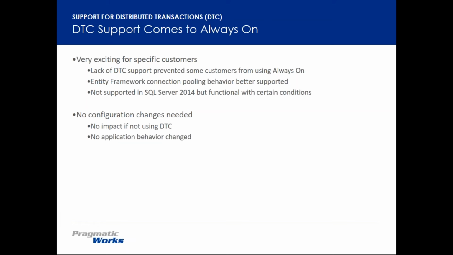That could cause a significant problem in SQL Server versions before this. Big problems with applications that were difficult to troubleshoot. So if you're supporting an application using Entity Framework and you're suffering performance-wise because of that, one way to mitigate it is this. You can upgrade to 2016. And now the DTC support is there, and the framework likes that very much.